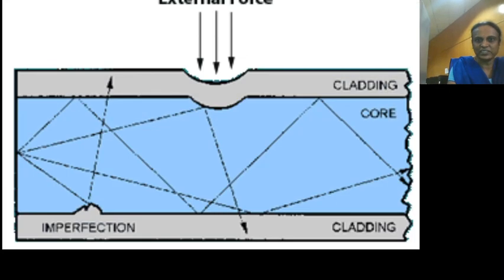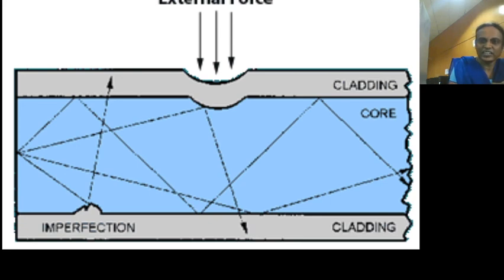Another example: if an optical fiber cable is laid on the ground, and a person walks on the fiber cable along that path, say the cable is laid for 1 meter on the ground, but at the 5th meter, from 0 to 5, it's a pathway to walk, then at that particular point there will be a lot of external pressure, as we see in the diagram.